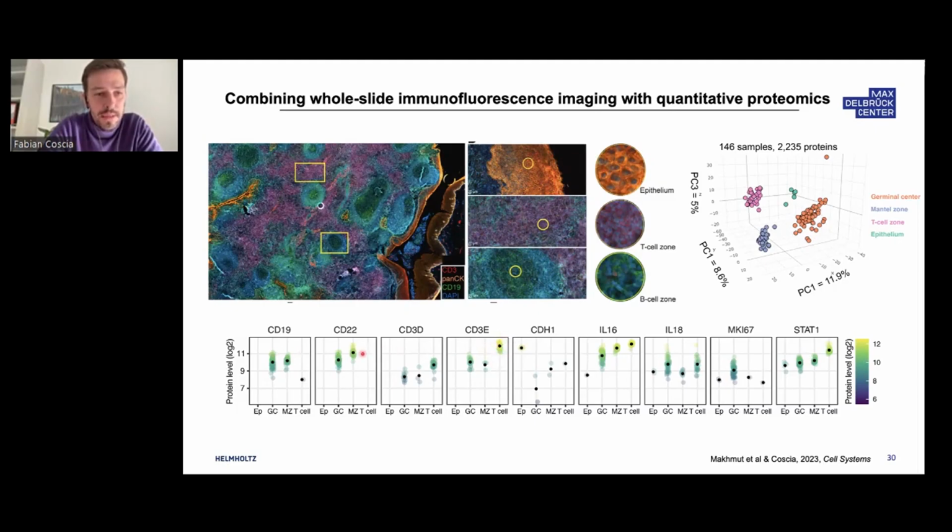We see B cell receptor proteins only quantified in the B cell zones. And in fact, keratin, a marker for epithelial cells, was highly upregulated in the squamous cell epithelium, nicely showcasing the robustness and specificity of our proteomics data.